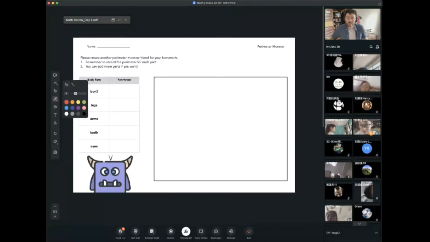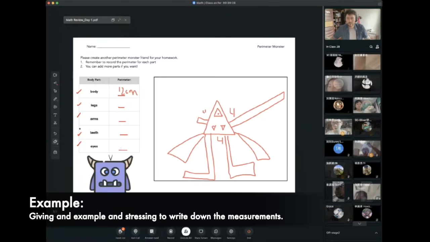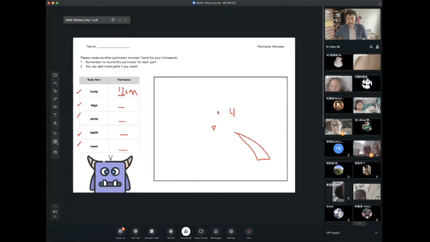But you need to have these 5 things: a body, some legs, arms, teeth, and eyes. Now they can be any size that you want. It can be any kind of shape that you want. You just need to remember that you need to write down what is the perimeter. Let me erase my monster real quick, and then I'll take any questions.